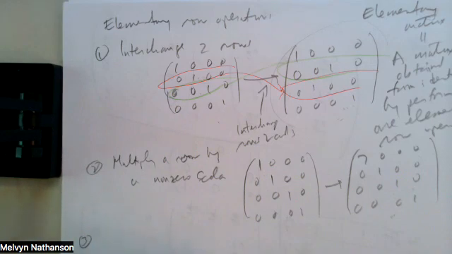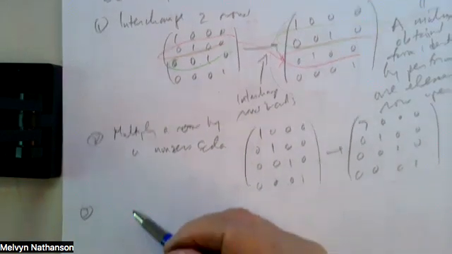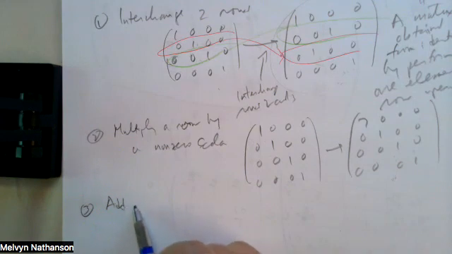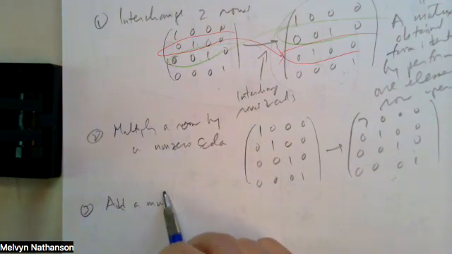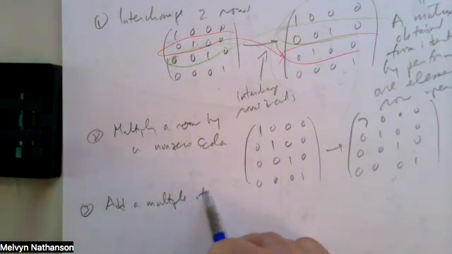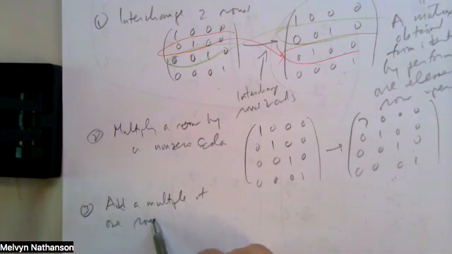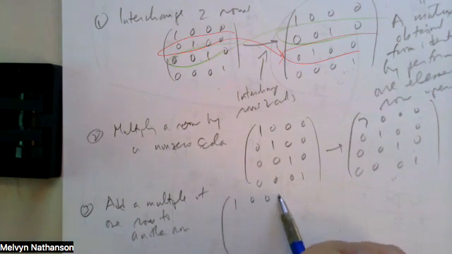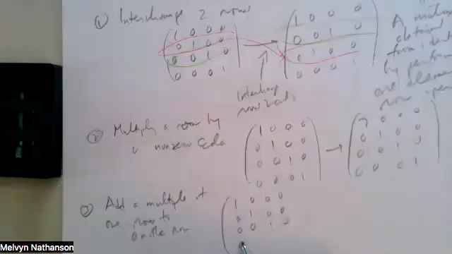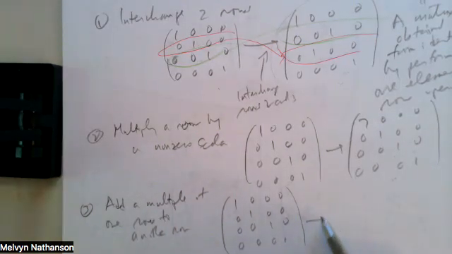And the third elementary row operation is add a multiple of one row to another, different row. So if I take the 4x4 identity matrix, 1, 0, 0, 0, 0, 1, 0, 0, 0, 0, 1, 0, 0, 0, 0, 1.